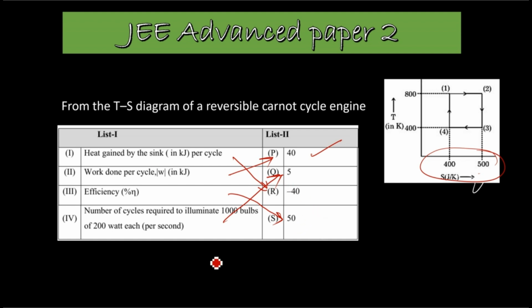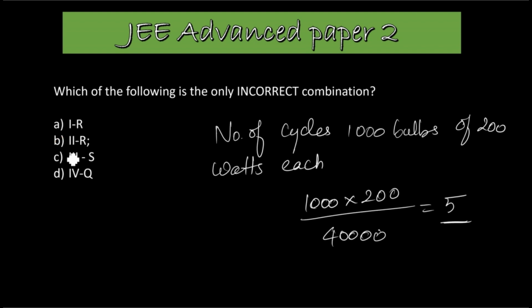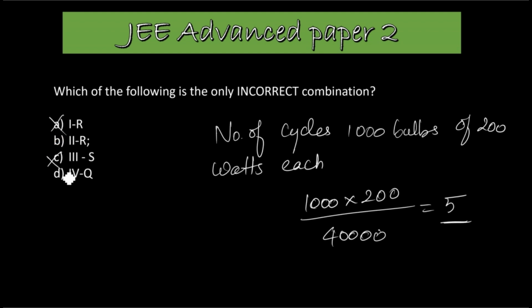Which is 1 to R, right? 2 to P, 3 to S, and 4 to Q. So 1R, 2P, 3S. 3S can't be our answer, 1R can't be our answer, 4Q, that also can't be our answer. So answer to this question is 2R.